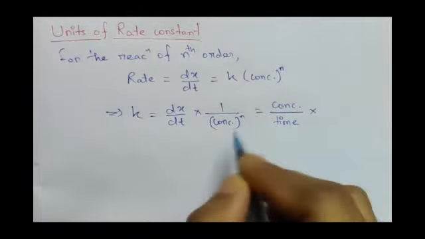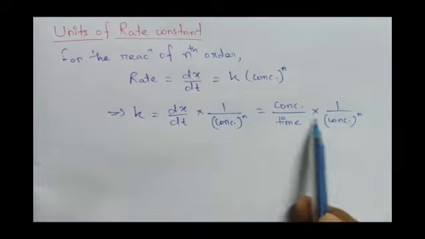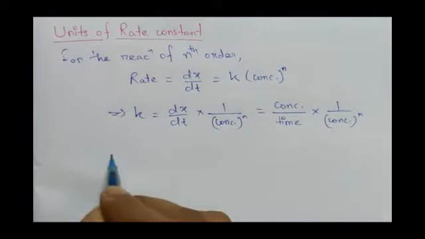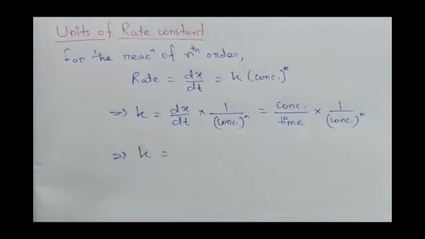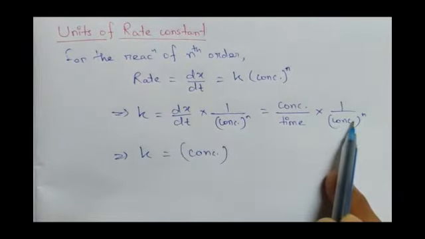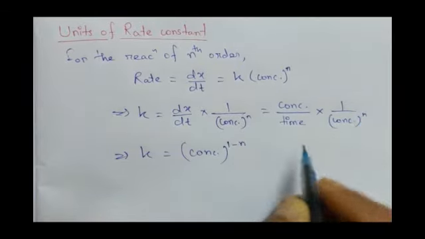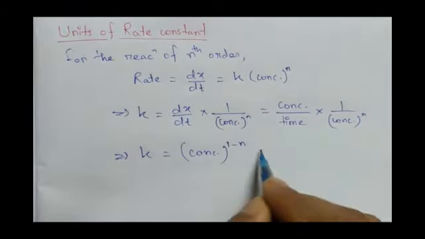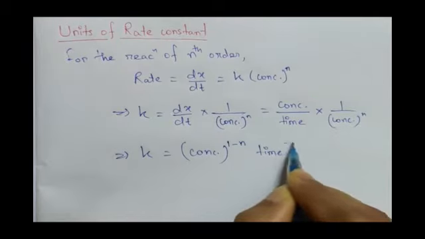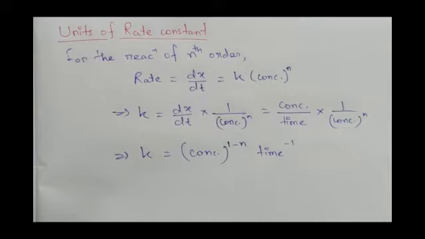And here again one concentration term is there. So from this we can say that the unit will be concentration to the power 1 minus n, and time inverse. Clear?